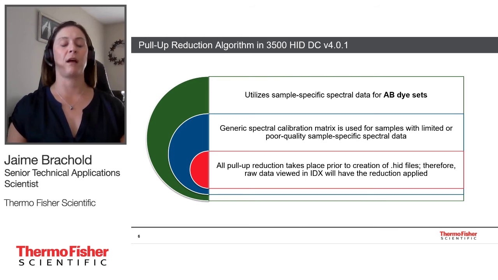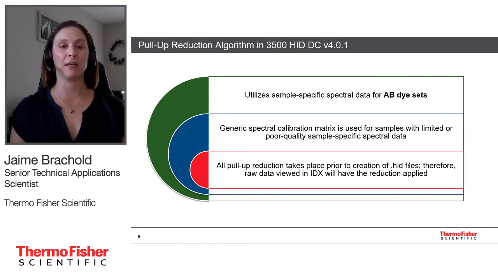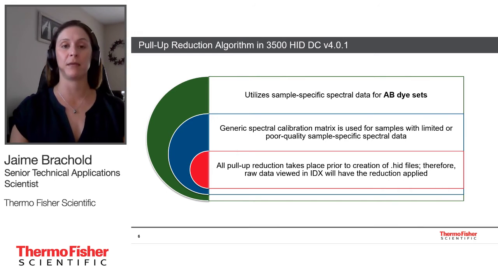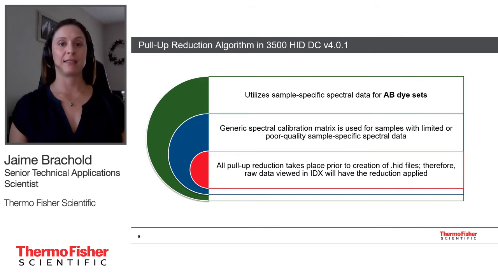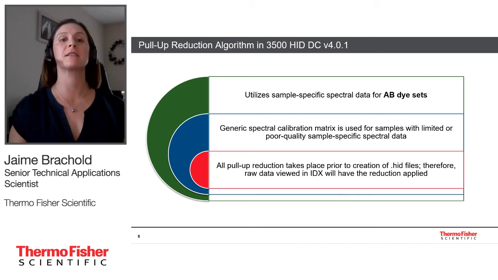So even with samples that have lower quality or less data, there still will be pull-up reduction. It will just be our traditional pull-up reduction based off of the manual spectral. But when there is good quality data available and the algorithm is able to generate a sample-specific matrix, it will.